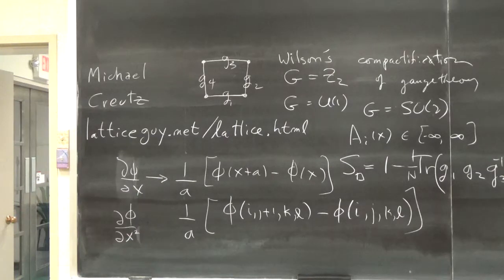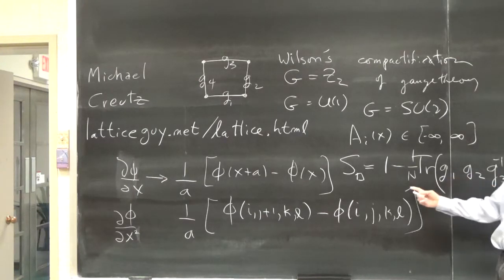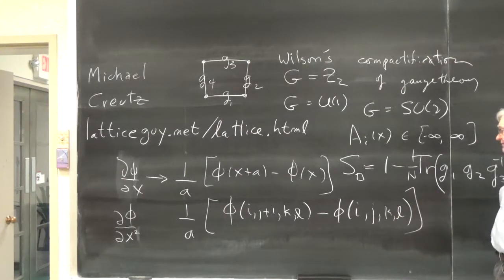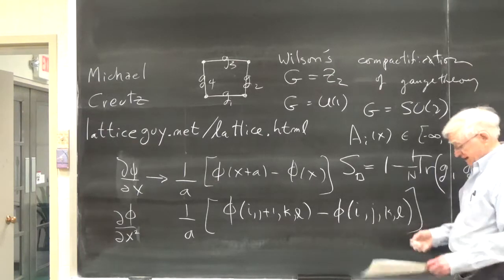The value of n would be, suppose all of these were the identity. If these were n by n matrices, you divide by n. Okay, so that's the action for a lattice gauge theory.